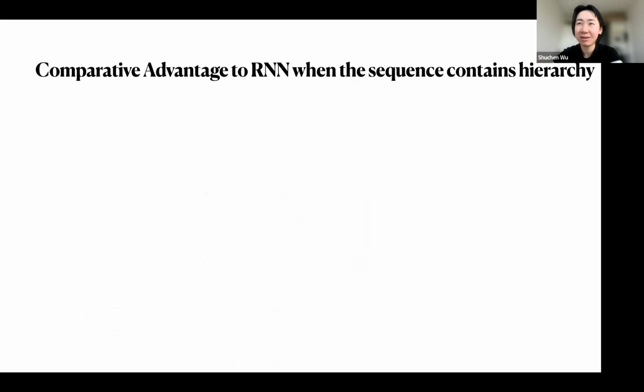So one experiment we did is comparing this model to a simple recurrent neural network, I think an LSTM. We made the RNN and HCM learn sequences that contain this underlying generative hierarchy.